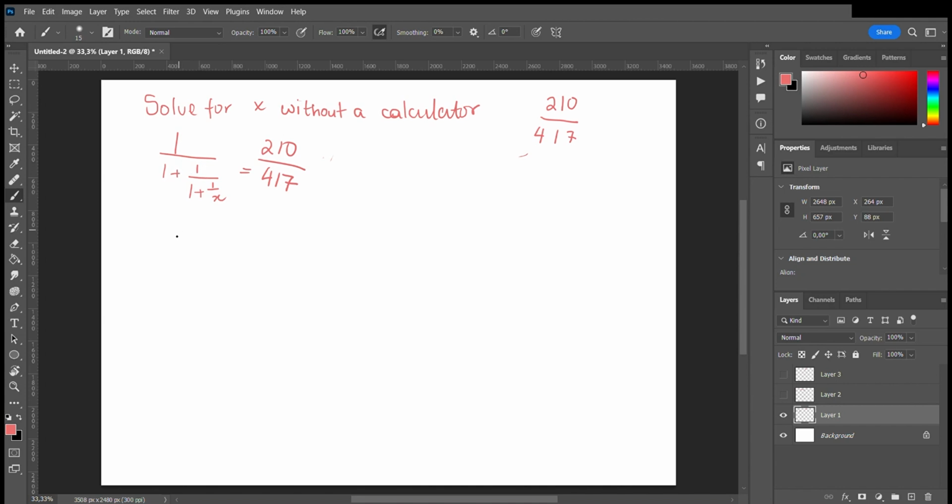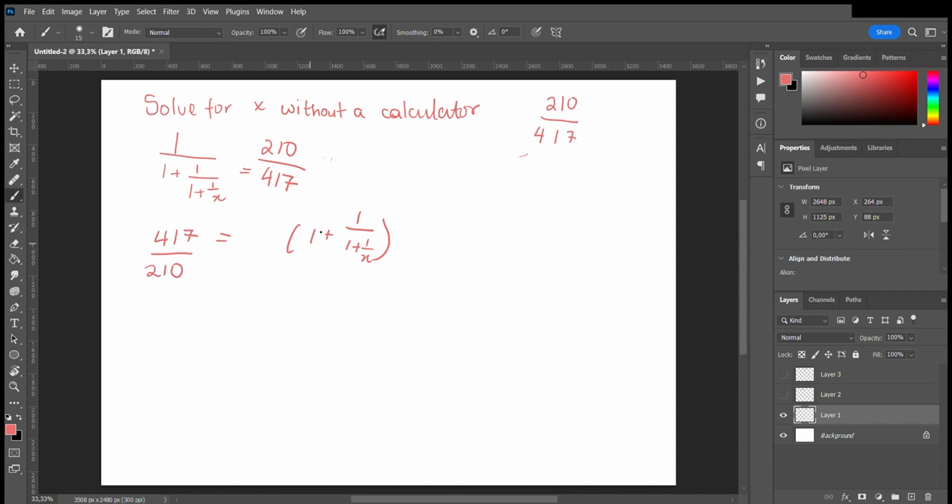So cross multiply, I'm going to have 417 equals 210 over 1 plus 1 over 1 plus 1 over x, which I can put back here. I'm just doing it to save space. You don't really need to do it that way.